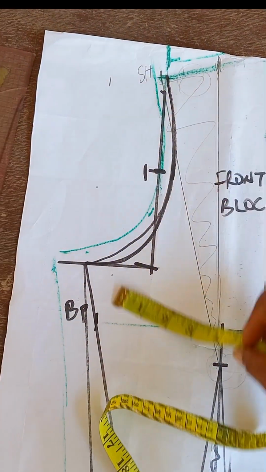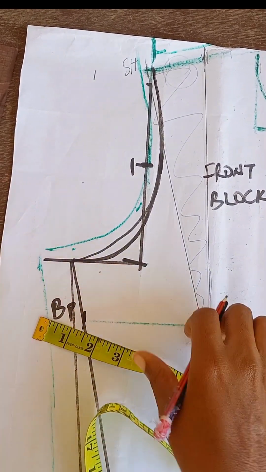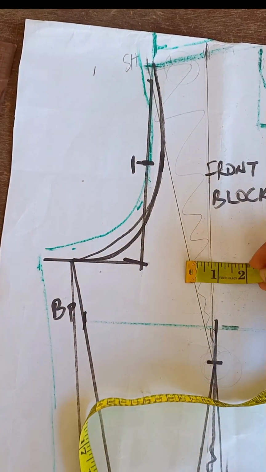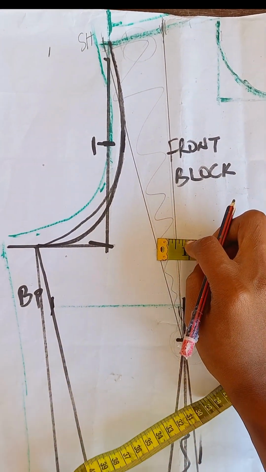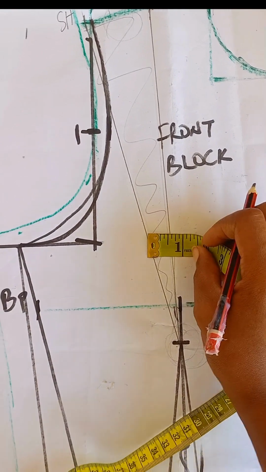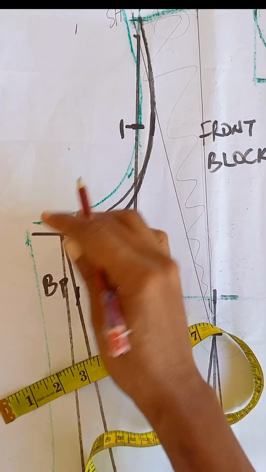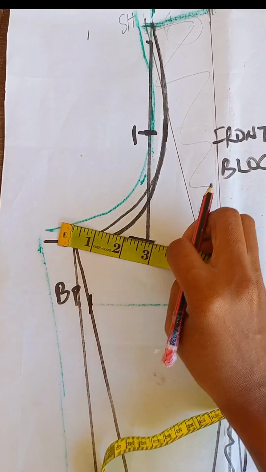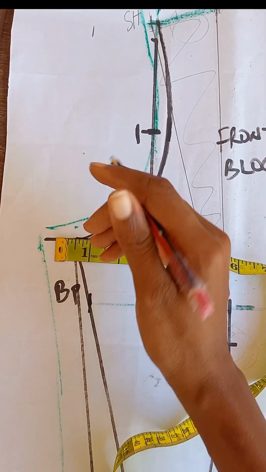You come to the chest line, that's this armhole line. You mark how many inches that took. This is half of an inch, as you can see. You come here, this is our allowance. We'll start from here, ignore this allowance for now. We'll come here, we'll add the half inch here.